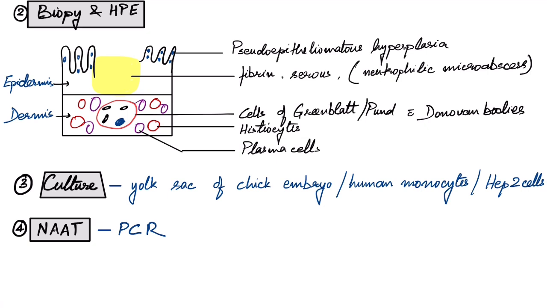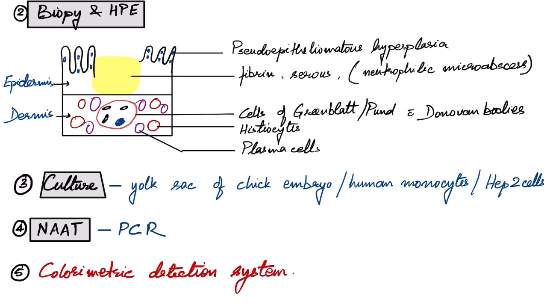The fifth one, recently there have been development in colorimetric test, colorimetric detection system for this bacteria. The antigen detection has not been described in this disease, while serology or the antibody is usually used for epidemiology, and tests like complement fixation and indirect immunofluorescence might be used.